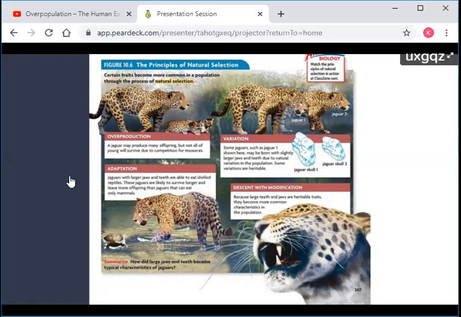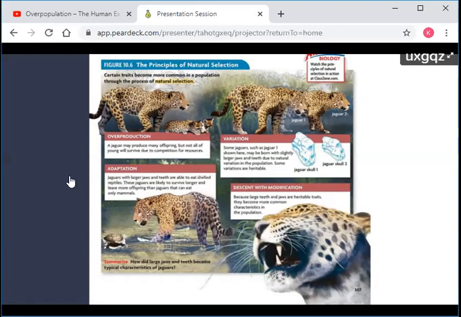Now all of a sudden we have all these jaguars with larger skulls being able to reproduce, and their offspring also have larger jaws. Over time, that population will shift, and most of the jaguars will have these larger jaws because it better fits the environment. That's the whole term of descent with modification.